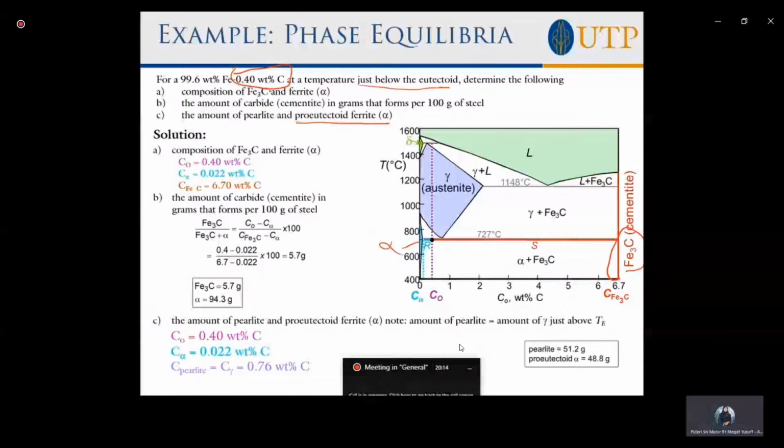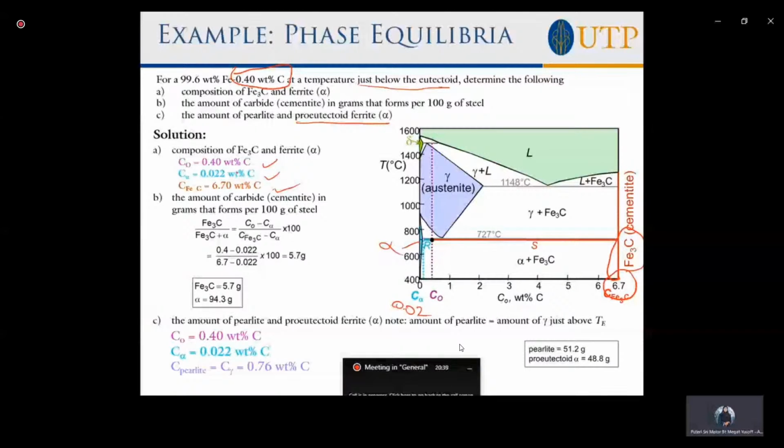Okay. So dia kata determine composition of cementite and ferrite. Senang je lah. So that will be reading of this value which is normally 0.02 and over this side will be 6.7. So bam, dah jawab dah. Okay, 0.022 ini C0, cementite 6.7.